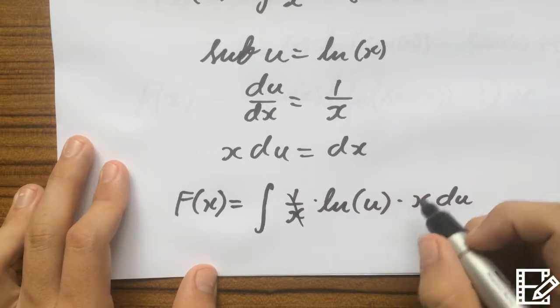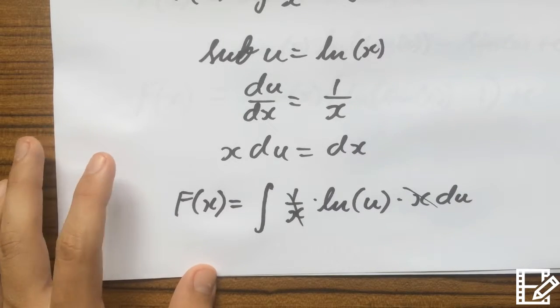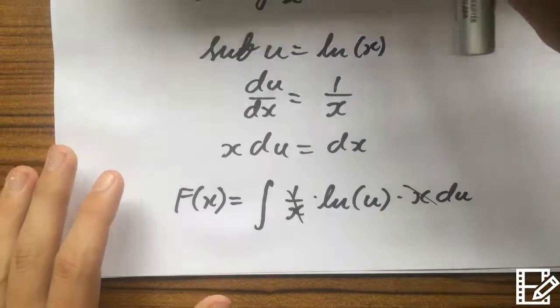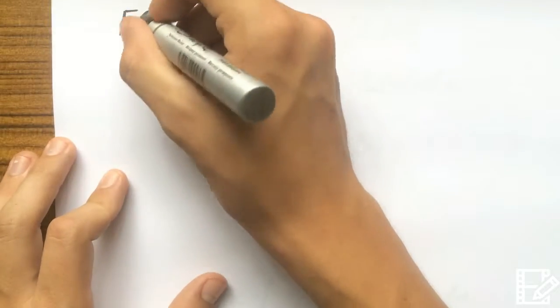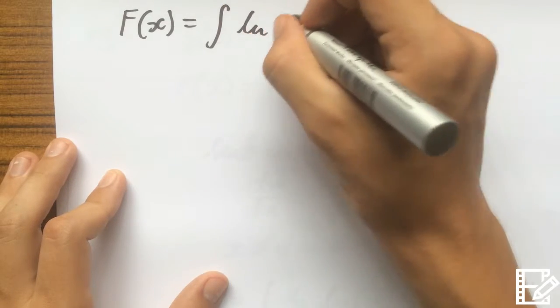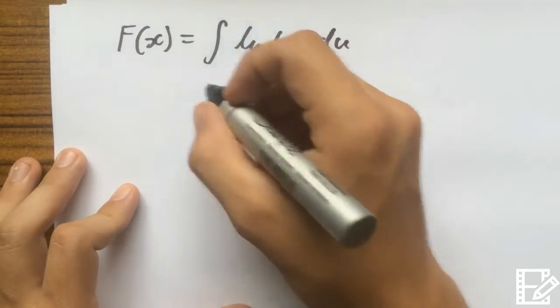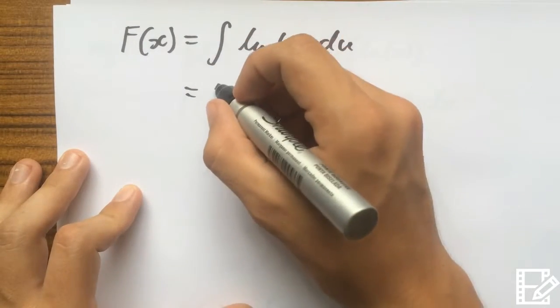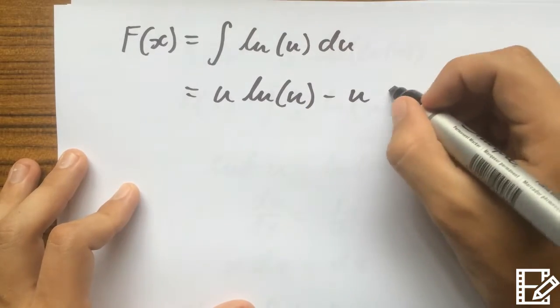Therefore, we can get rid of the 1 over x, and we can get rid of the x because they cancel each other out. Okay, now we're left with just the integral of ln of u du. Just like before, the integral u ln of u minus u plus c.